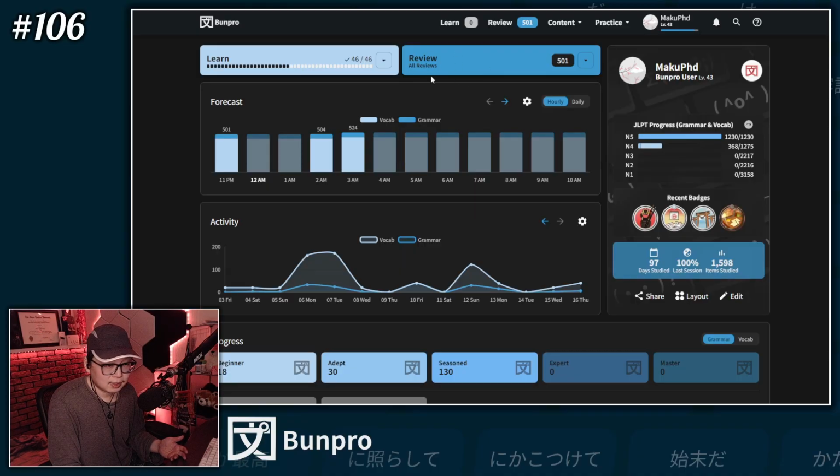This knowledge that you're acquiring is supposed to be there forever, right? Because if you learned it, you kind of want to retain it. You don't have to literally use Bunpro. That's the main point I'm making. You don't literally need to use your learning source to remind you to practice.